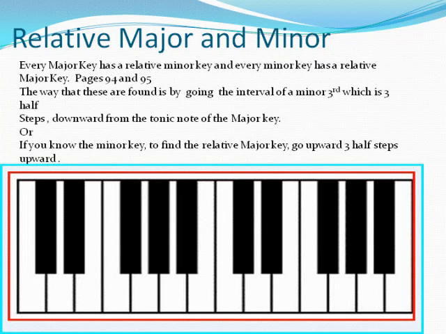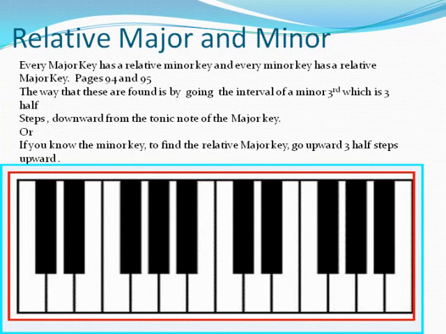They use the same key signature, so they are related. This is discussed on page 94 and 95 in the textbook, and I'm looking at that right now. Major and minor keys with different names, the same key signatures are called relative.